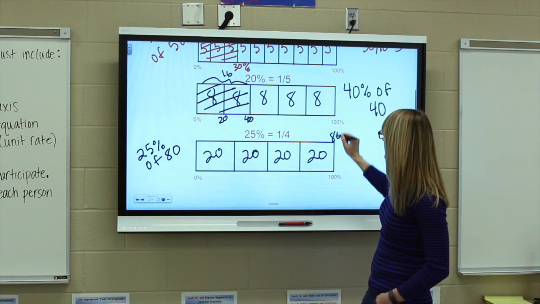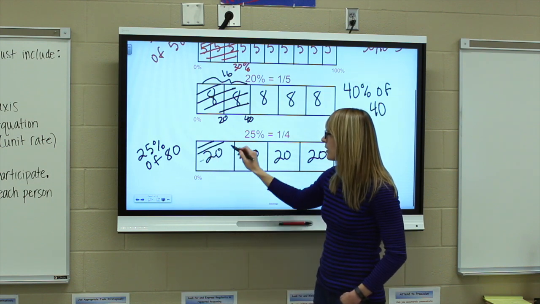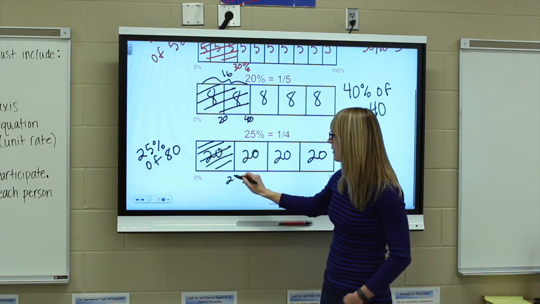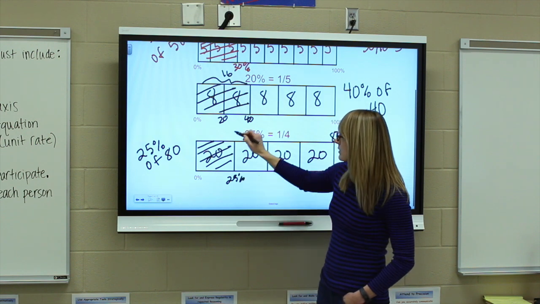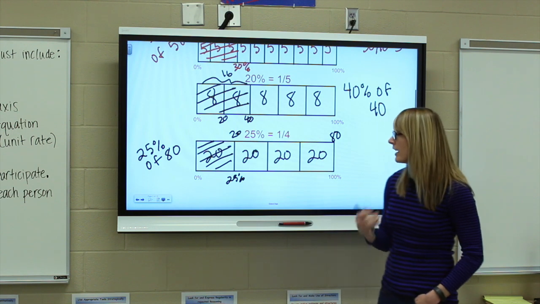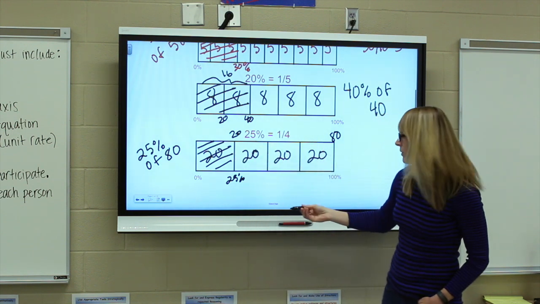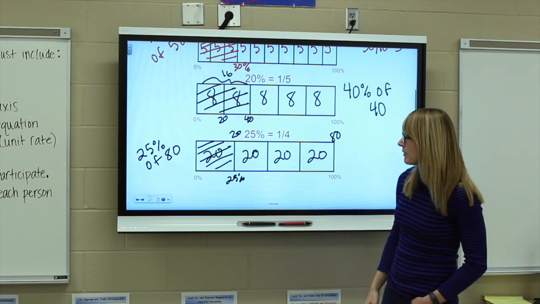My whole is 80. If I only wanted 25%, then I know I'm just looking for 1/4, which is 20. If I wanted 3/4 or 75% of 80, then I'd look at all three of these sections, 20, 40, 60. So that's kind of the basic use of percent bars.